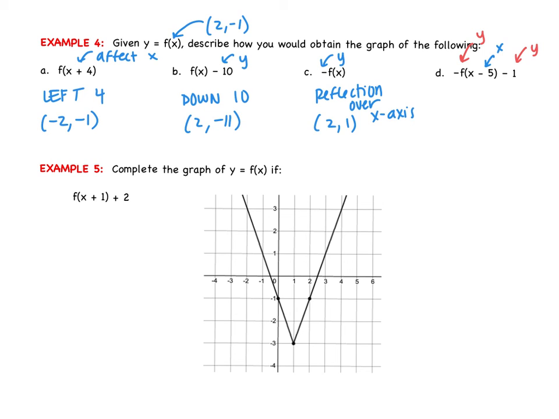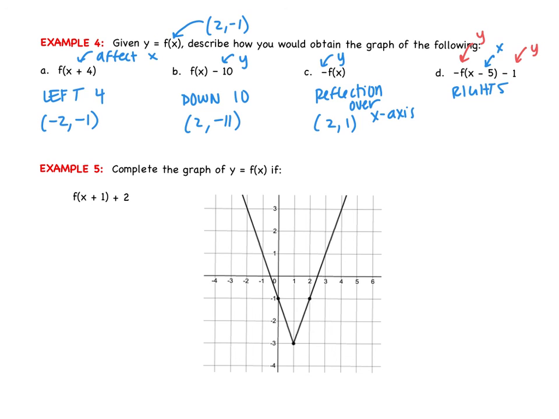X is going to move us left, right. -5 we think to be left on a number line, but remember we have to do the opposite of what we think. So this will move us right 5. And then you're following order of operations. Order of operations, what comes first?